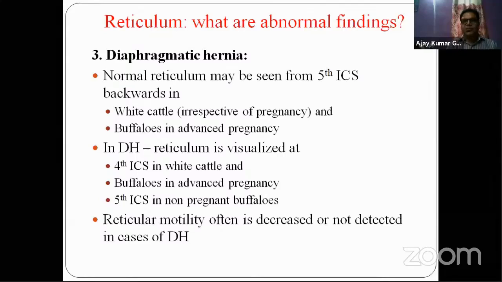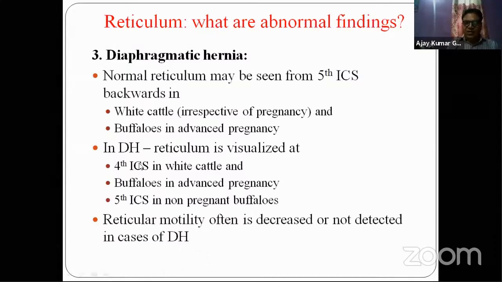And in case of buffaloes, in case of advanced pregnancy, or if there is abdominal distension due to any reason, for example, in case of acute bloat, you may see the reticulum in the 5th intercostal space. In that case, it will be normal. However, if you see the reticulum in the 5th intercostal space in non-pregnant buffaloes, you can suspect diaphragmatic hernia.